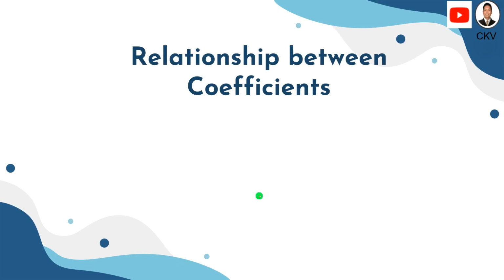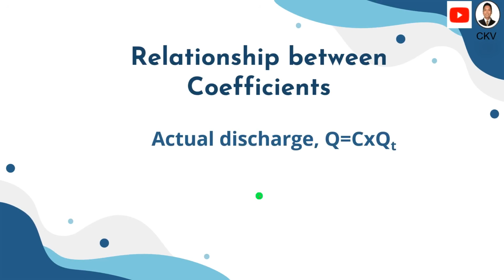The relationship between those coefficients is that the actual discharge Q is equal to the product of C, the coefficient of discharge, and the theoretical discharge. Also, we have a relationship between the coefficient of discharge, coefficient of contraction, and coefficient of velocity. The coefficient of discharge is equal to the product of the coefficient of contraction and the coefficient of velocity.